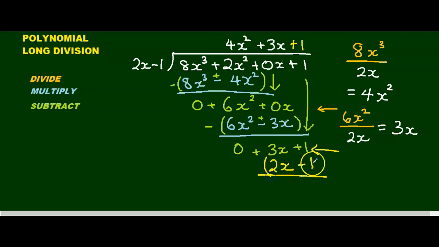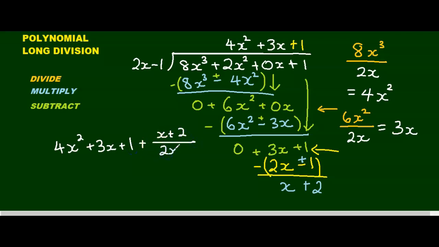So put a negative on the outside and the signs change on the inside. So 3x minus 2x gives you x. 1 plus 1 gives me 2. So our remainder is x plus 2. So our final solution is 4x squared plus 3x plus 1 with a remainder of x plus 2 over 2x minus 1, which is the divisor.